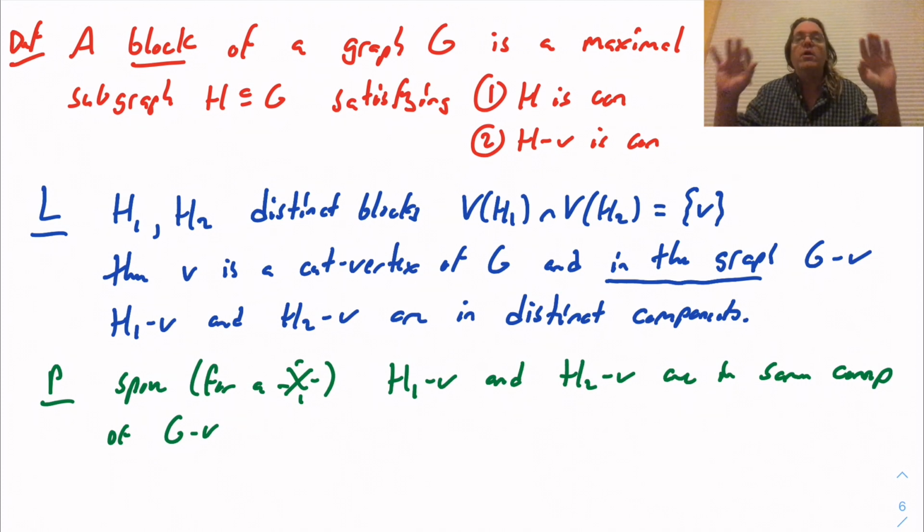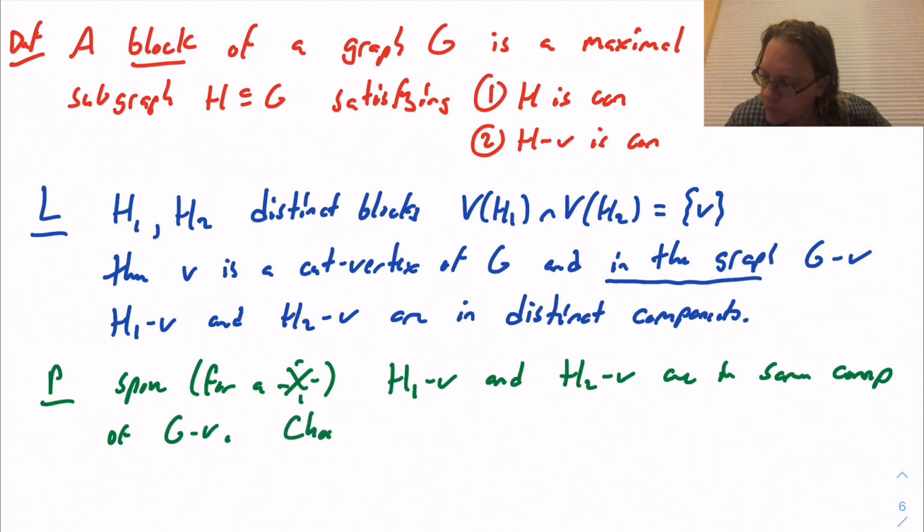H1 and H2 only shared the vertex V. So what's left of them is in the same connected component. Well, that means you can find a path that goes from one to the other, right? So I can choose a path P so that one end of P is in H1 delete V, and the other end of P is in H2 delete V.